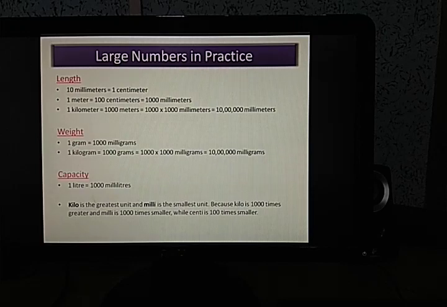And centi will not be the lowest, because centi is only 100 times smaller. If you see carefully, 1 meter equals 100 centimeters, not 1000 centimeters. If it had been 1000, then maybe this would have been the smallest unit.